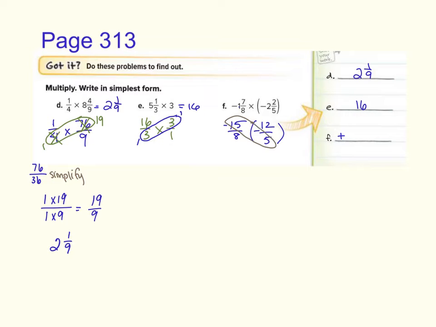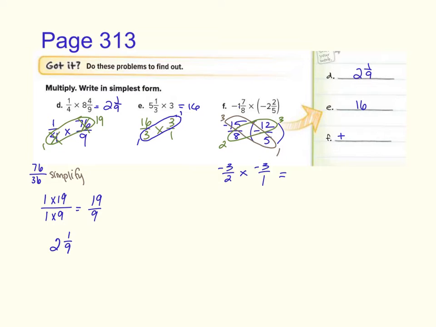Okay, I'm going to factor out a 5 right there. Once I factor out that 5, 5 divided by 5 is 1, 15 divided by 5 is 3. I can also factor out a 4 out of here. So 12 divided by 4 will be 3, 8 divided by 4 will be 2. So now the new numbers that you're actually multiplying are as follows.